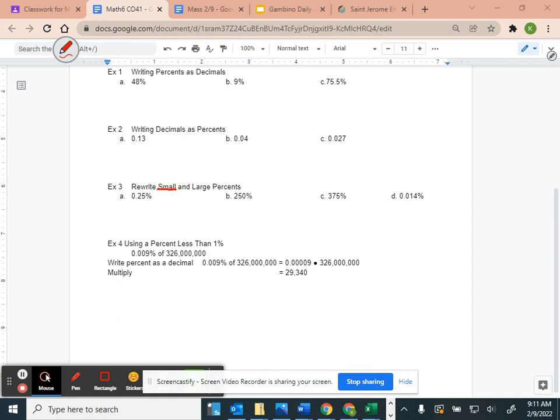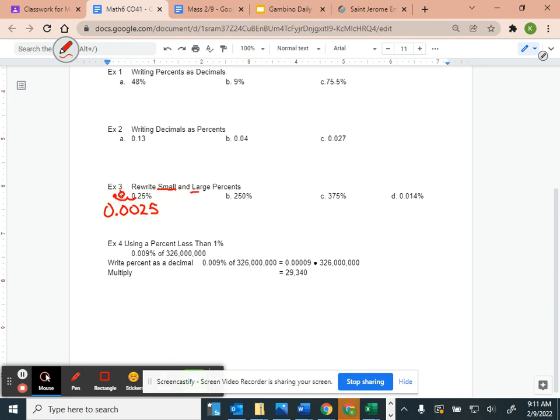So if we take that decimal point and we move it 2 times to the left, I'm going to fill in a 0 there. I have 0.0025. So if you have a percentage that's in the decimals, when you convert it to a decimal, it's going to be a super small decimal.